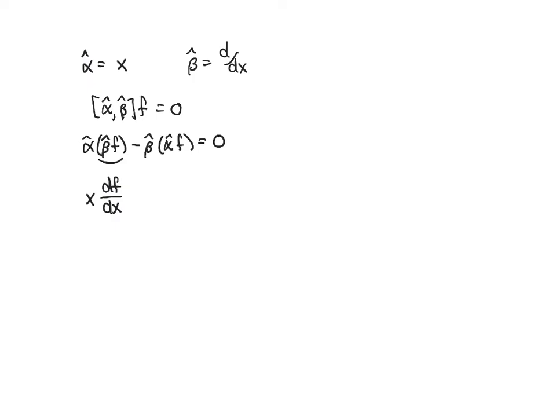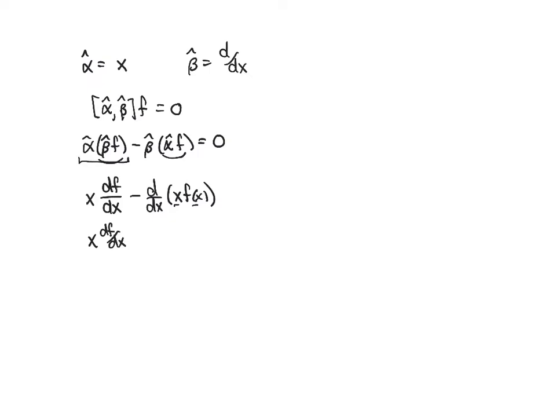Over here, I'm going to first multiply by x. So I'm going to take the derivative of what I get when I take x times f. And remember that f is a function of x, so we'll just write that explicitly. All right, so notice that now I have a product of two things that both involve x, and so I need to use the product rule. So I have x df dx from my first term here.